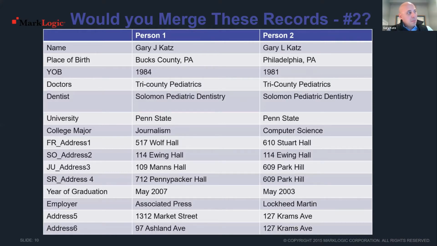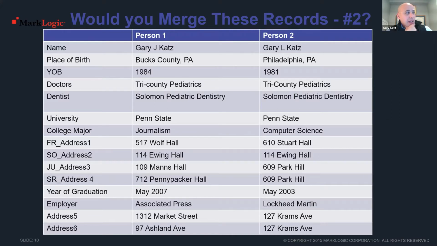What about these two people, Gary J. Katz and Gary L. Katz? So now I look at these folks, their years of birth are off by a few years. Their graduation years are also off by a few years. They have different majors. They have different living and address residences throughout college.